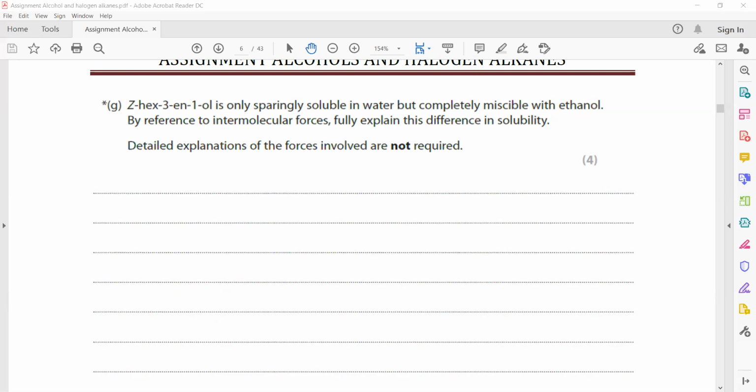So identical forces, that's why the two molecules are completely miscible. At least you should mention two of the forces present, or common forces, between hex-3-en-1-ol and ethanol.